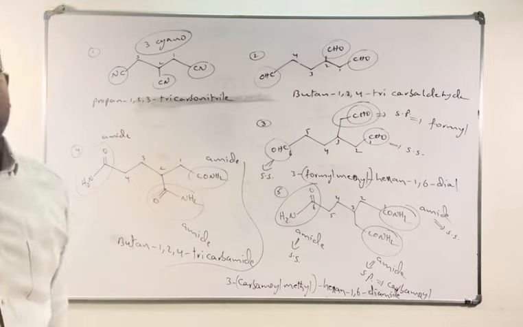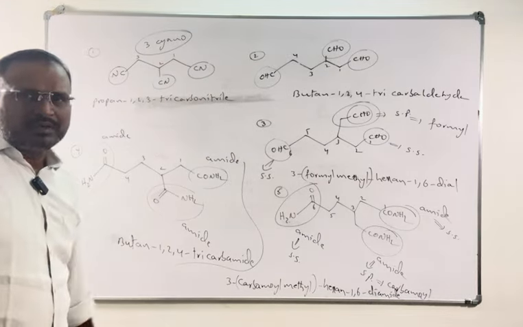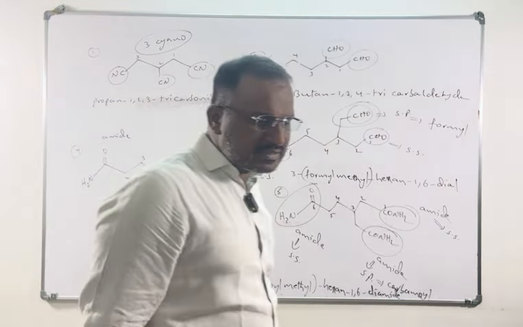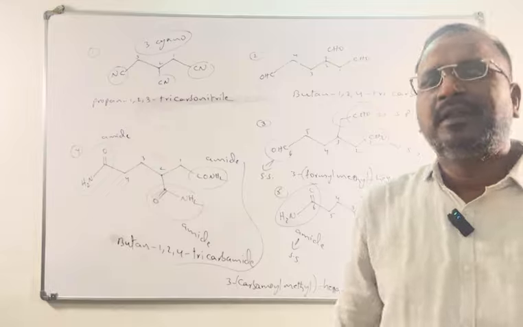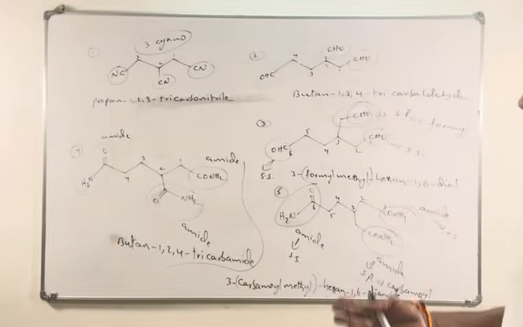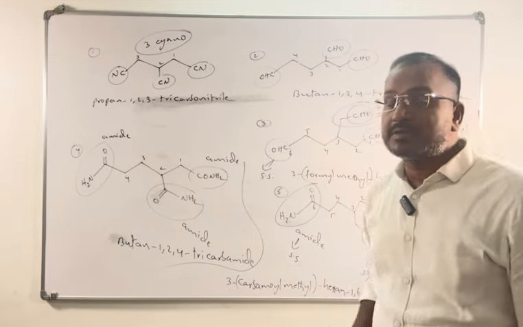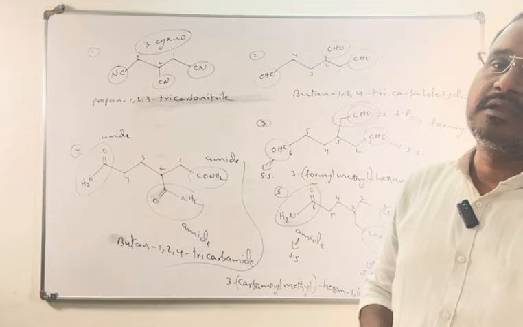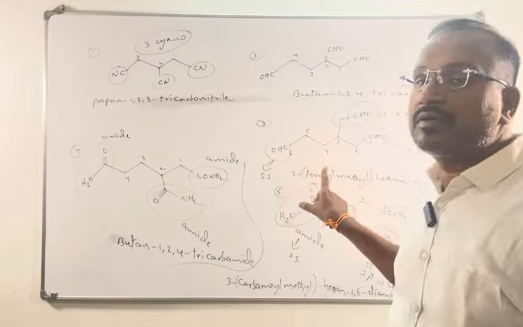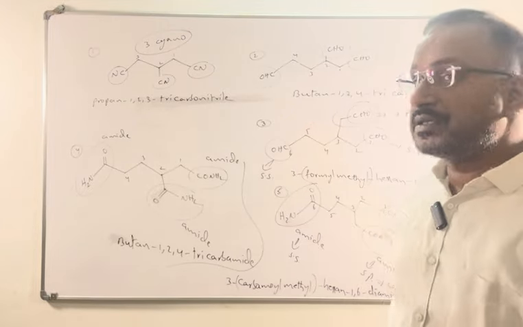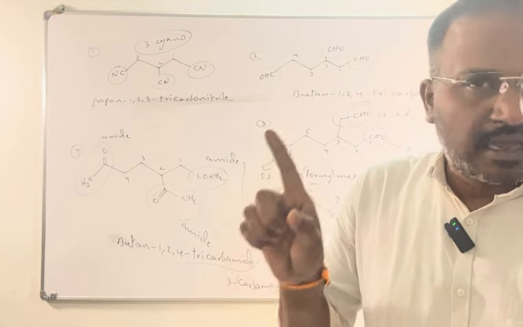These are difficult problems. Damn sure in the mains exam or advanced exam or NEET exam, and sometimes in a tough paper, if it comes into MSET, definitely one of these molecules will be there like this, but the rule is we have to say it like that. If you follow these rules, you can easily write IUPAC names.